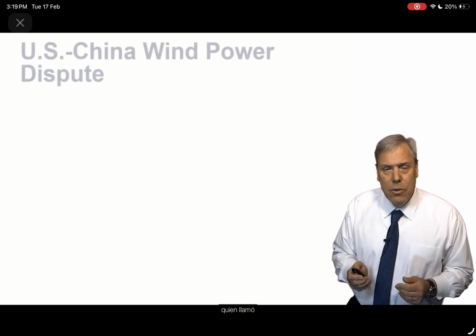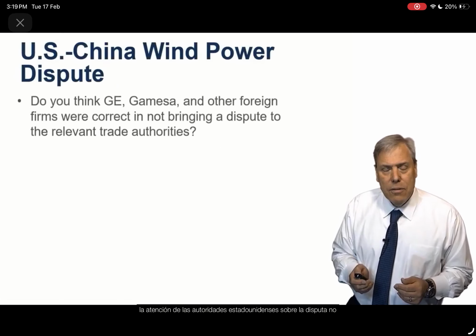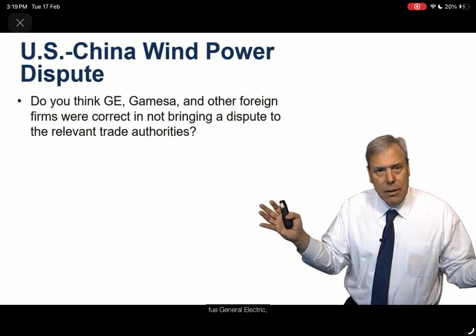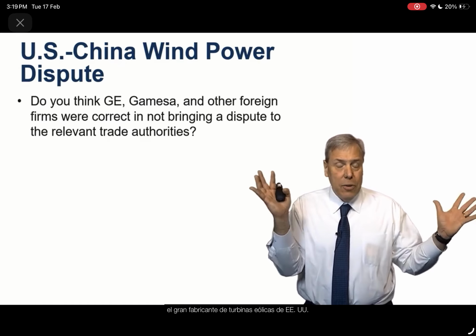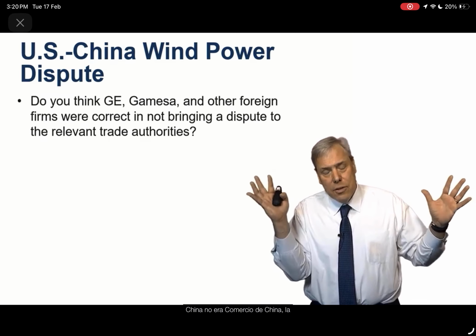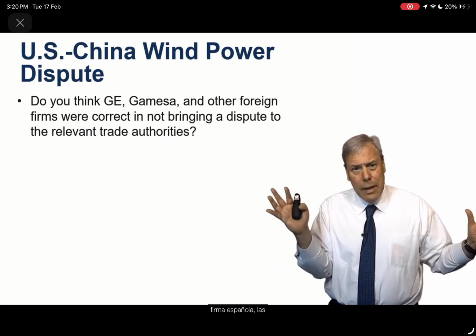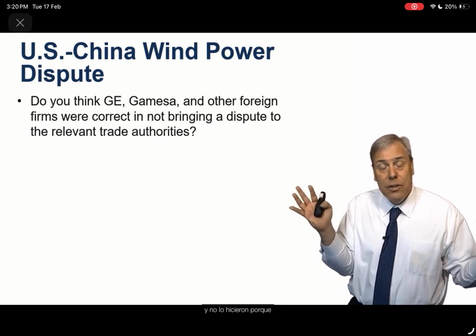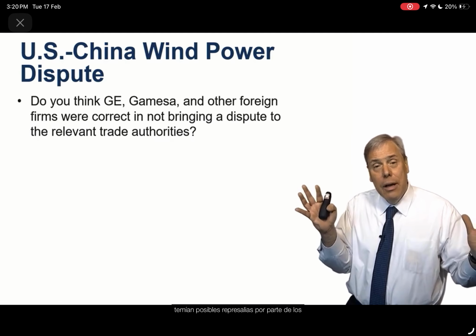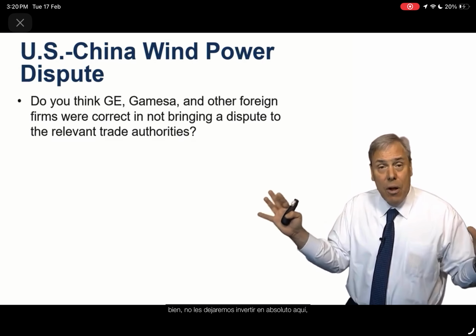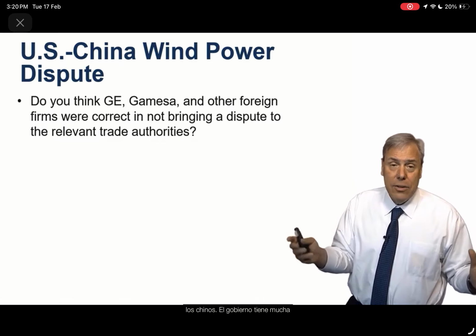It was not General Electric, the big U.S. wind turbine manufacturer making a lot of wind turbines in China. It was not Gamesa, the Spanish firm. Foreign firms didn't bring the dispute, and they didn't do it because they were fearful of potential retaliation by the Chinese government. They might have said, okay, we won't let you invest at all here. The Chinese government has a lot of clout that way.